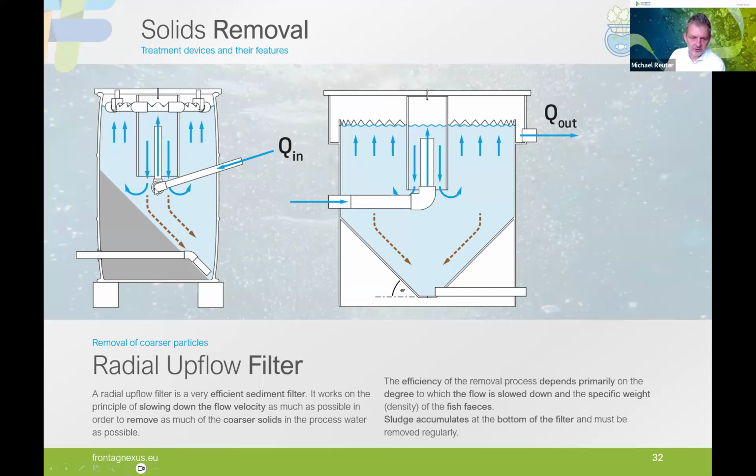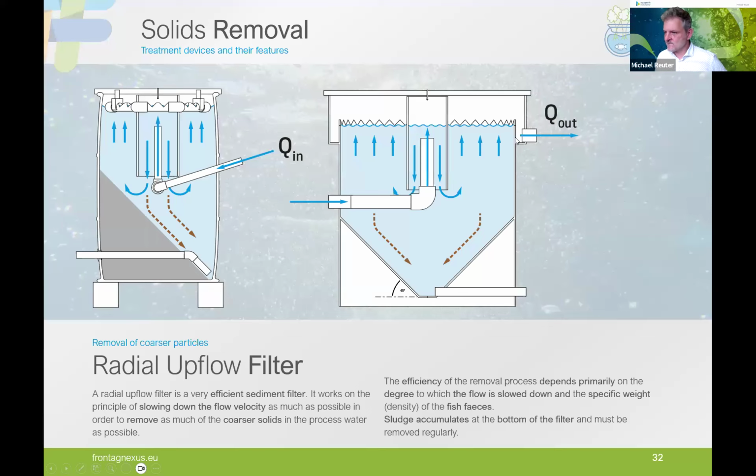With a deflector pipe, we push it down into the filter, where it again changes direction and floats up to an overflow. That is the final destination of the water in our filter, where the water can run out of the filter again. And the idea is that we slow down the velocity of our water flow so much that as many particles can settle down in the filter as possible.